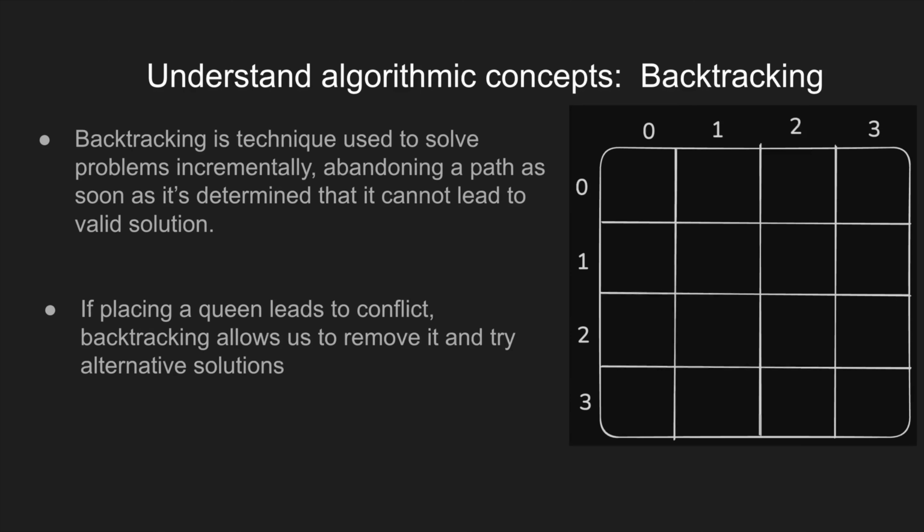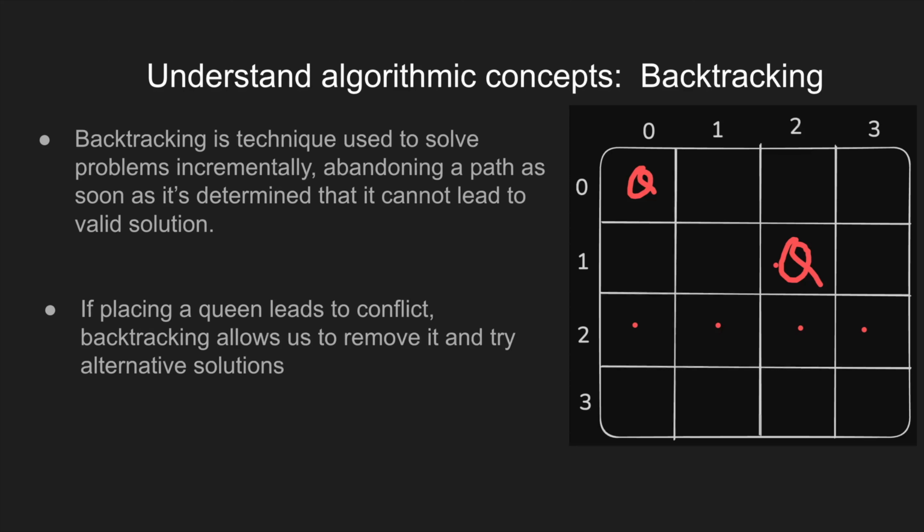How will we do this? According to the last configuration, we have put queens here and here. These two rows are gone. For this row, we cannot put here according to this diagonal. We cannot put here according to this column. We cannot put here according to this column, and we cannot put here according to this diagonal.